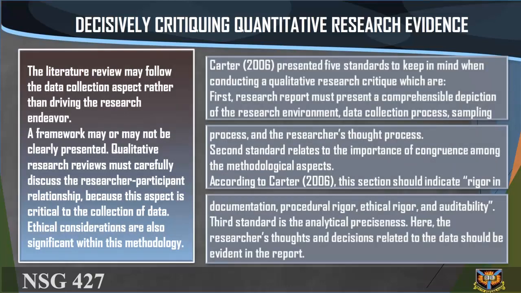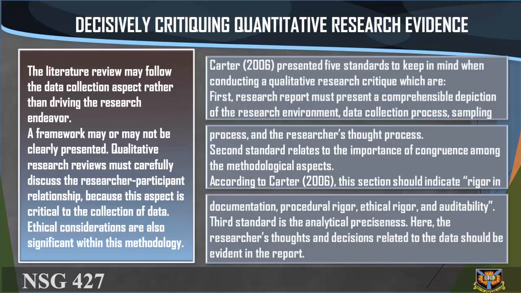The literature review may follow the data collection aspect rather than guiding the research endeavor. A framework may or may not be clearly presented. Qualitative research reviews must carefully discuss the researcher-participant relationship because this aspect is critical to the collection of data.